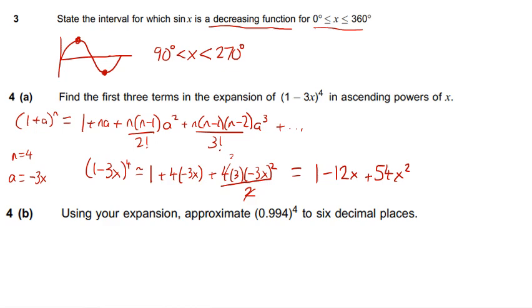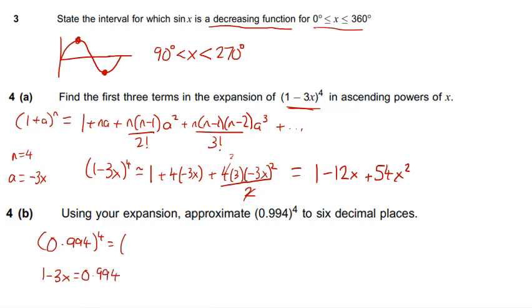Using your expansion, approximate 0.994 to the power of 4 to 6 decimal places. Okay, so 0.994 to the power of 4, we can think of that as, if we look at our expansion again, that's the same as writing, well, the easiest way to always figure it out is just to equate the two things.